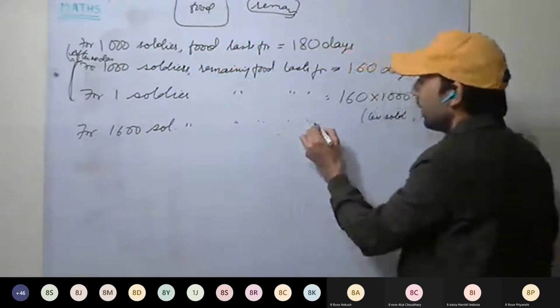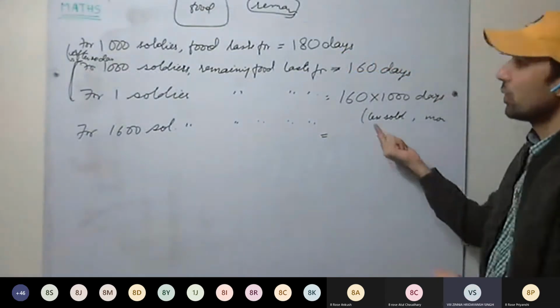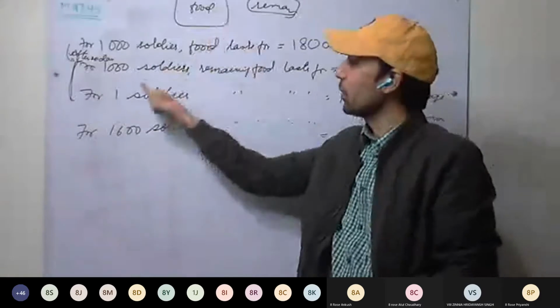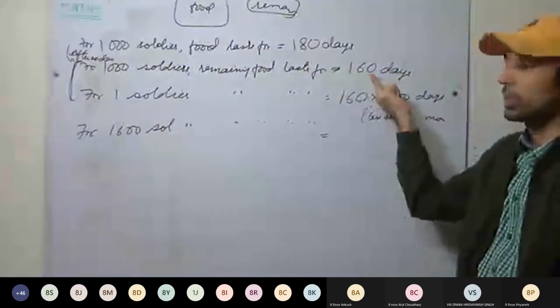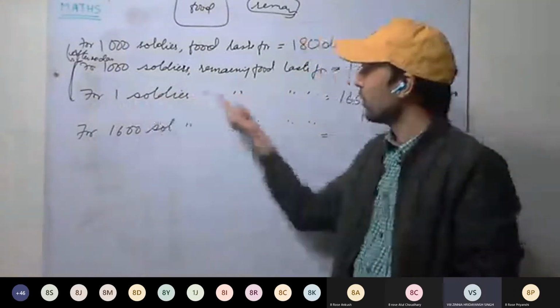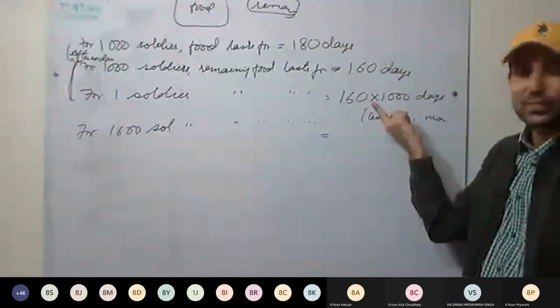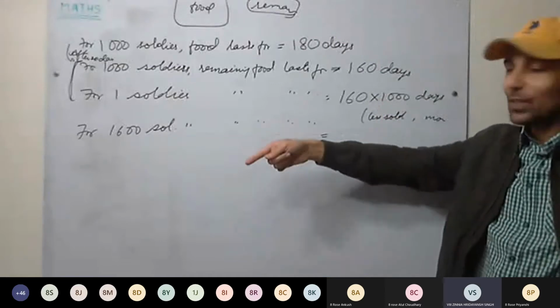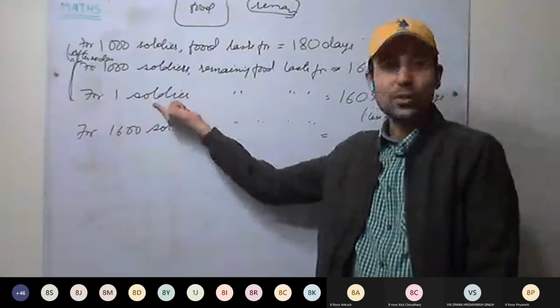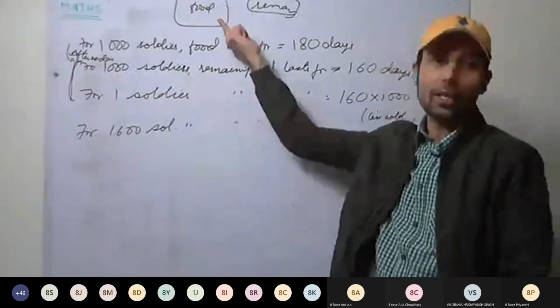We will not divide 160 by 1000. Why? See here, food is limited. 1000 soldiers eat that food in 160 days. So one soldier will eat it in how many days? One soldier's food is a large amount.